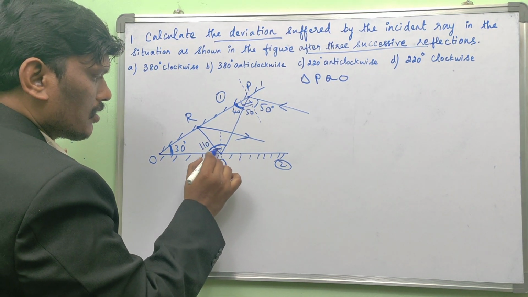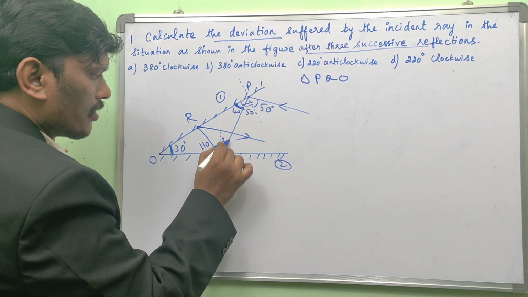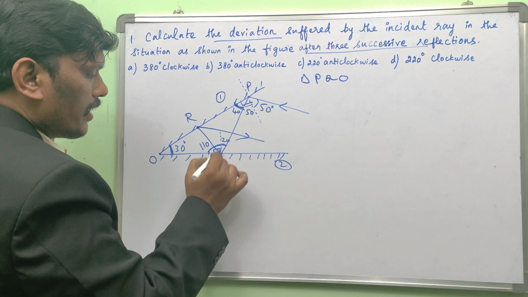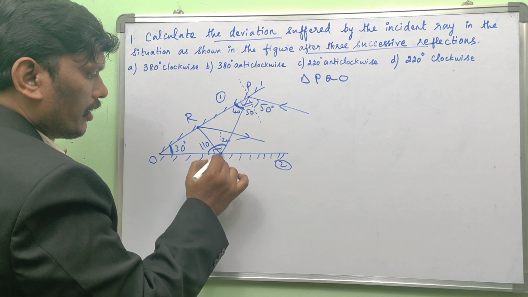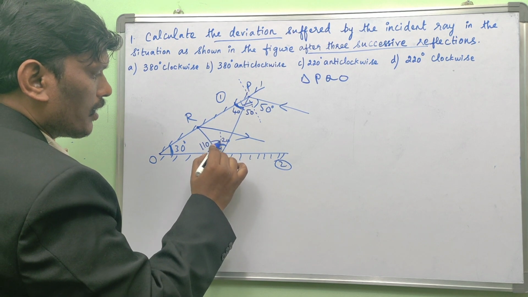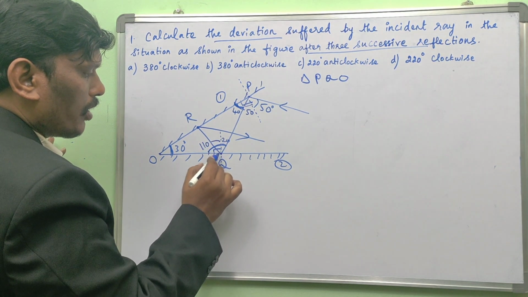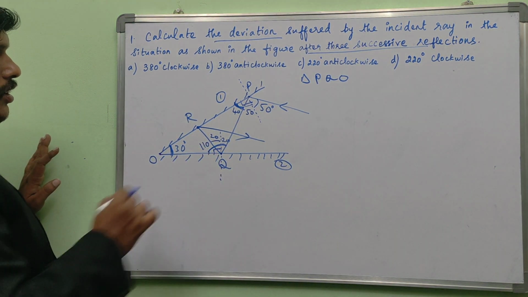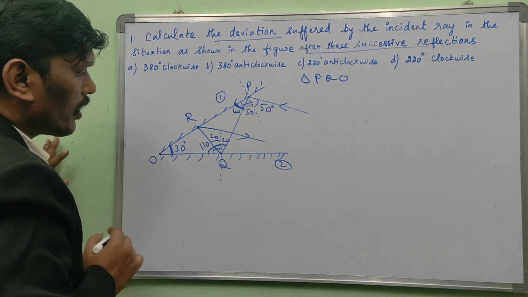Total angle 110, this is 90, so what is the remaining angle? 20 degrees. This is the incident angle at point Q. Now what is the angle of reflection at point Q? 20. Angle of incidence and angle of reflection are both the same. This is also 20.